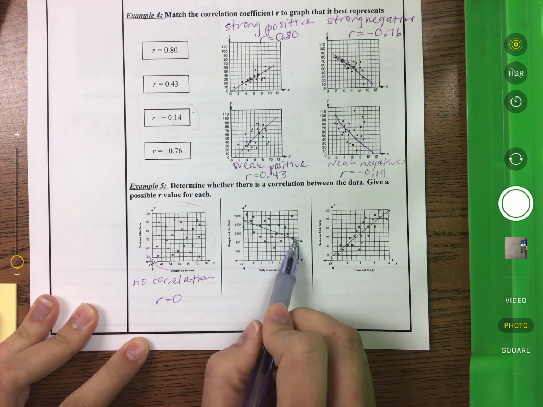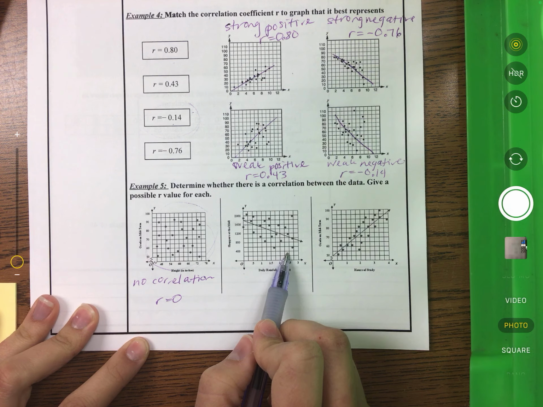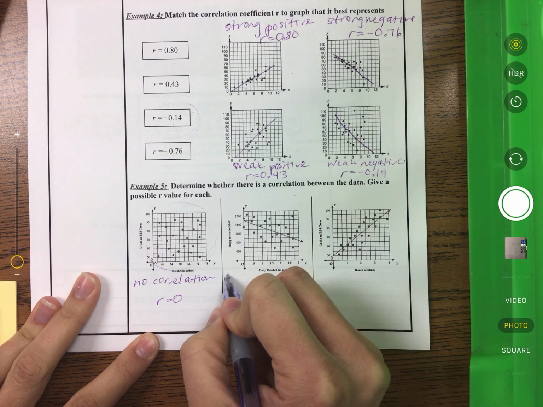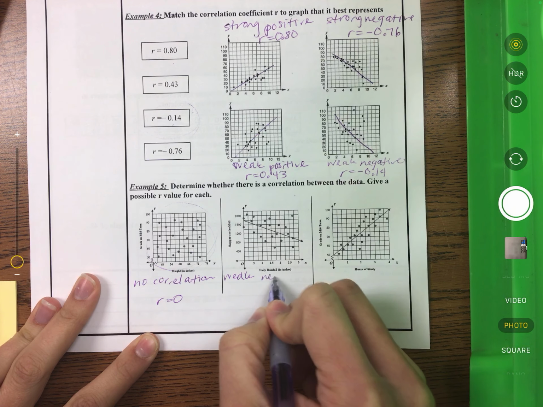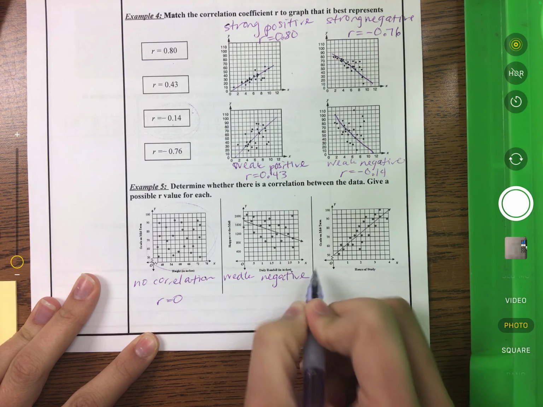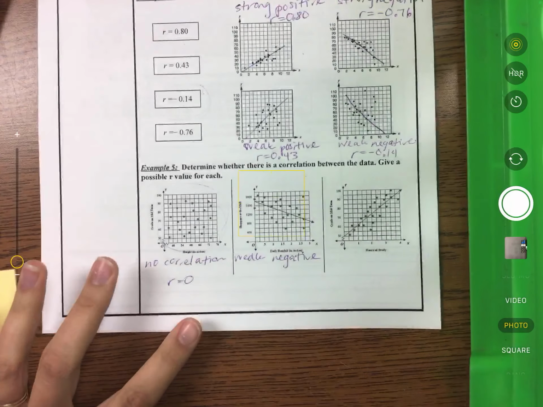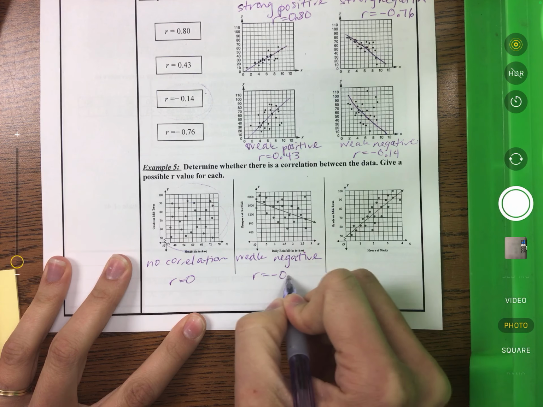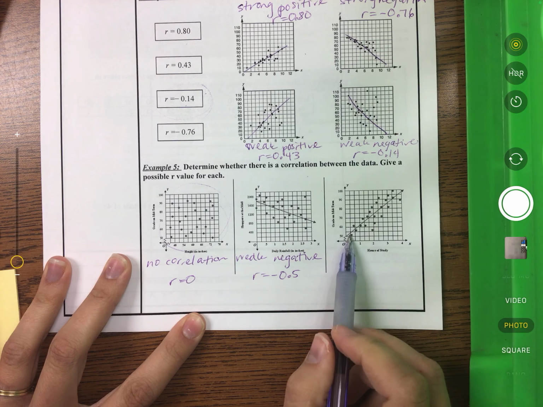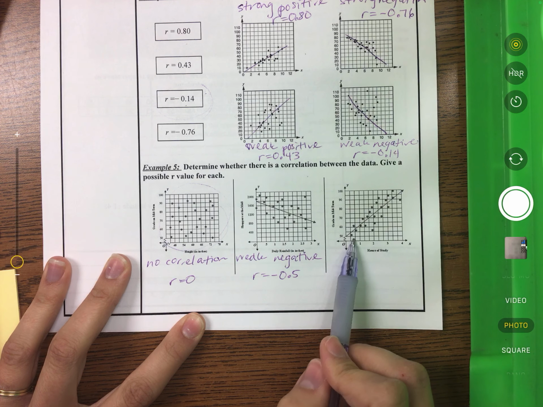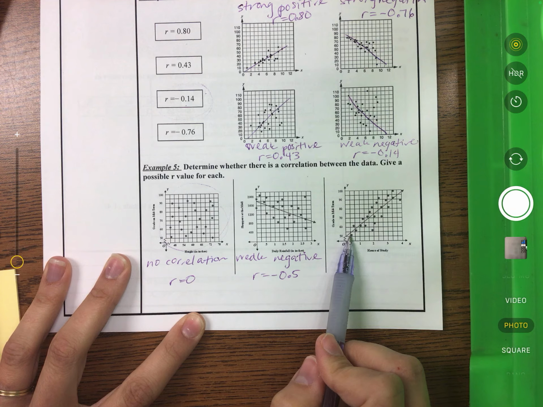This one is negative, but I would say it's pretty weak because the points are pretty far away from the line. So a weak negative. So let's do -0.5 as a possible R value. And then lastly, this one is, I'll say, pretty strong positive.